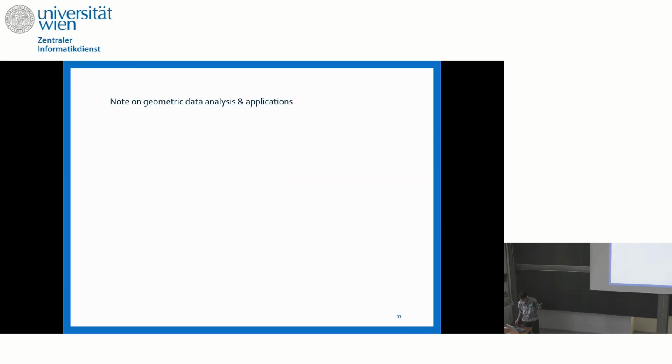I would like to finish this very first introductory part with an important note on the applicative context of these geometric data analysis techniques. I think what is important to highlight here is that each applicative context would have its own specific difficulties and specificities.